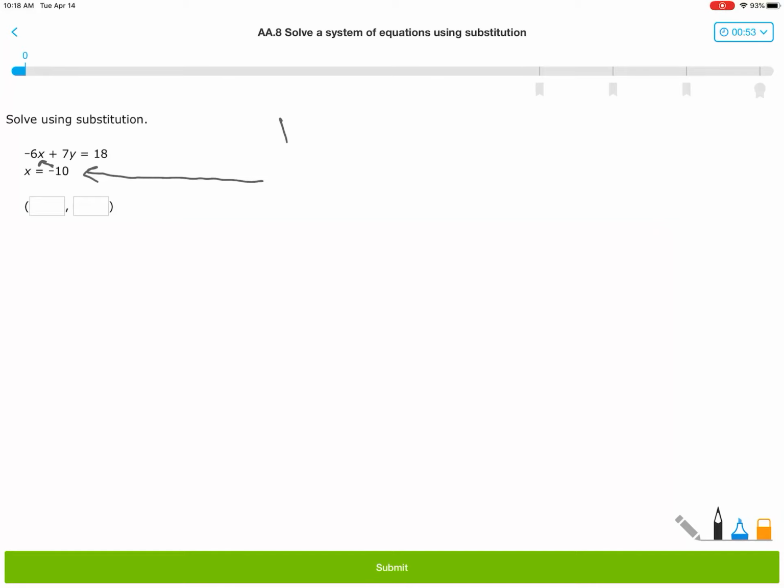Okay, so step 1. Negative 6x plus 7y equals 18. Okay, over here it says x is negative 10.